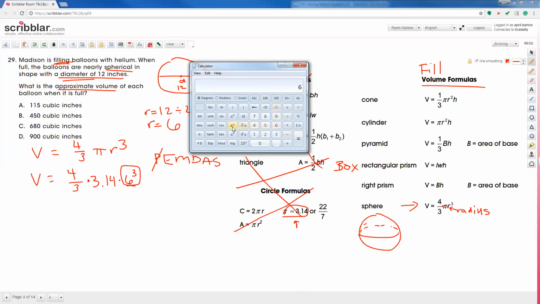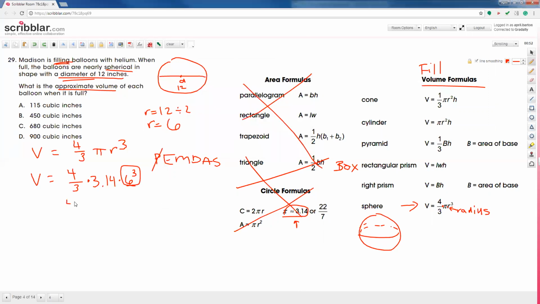On this calculator, it's an XY button. I think on the calculator you're going to use, it's a different button. So you can do 6 to the third, or if you're not sure which button to use, you can do 6 times 6 times 6. Do it 3 times to get 216.